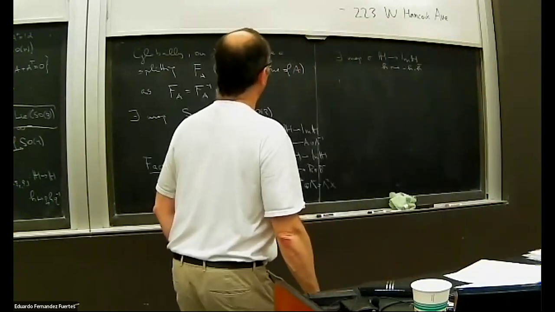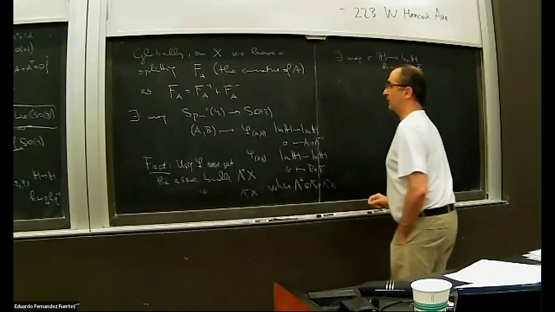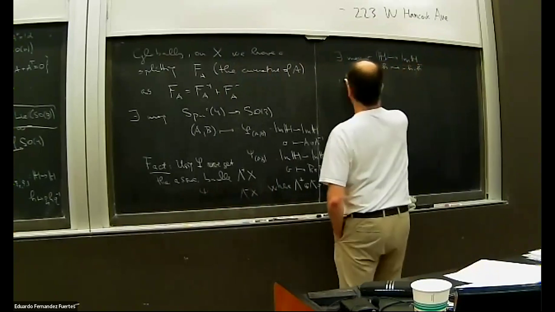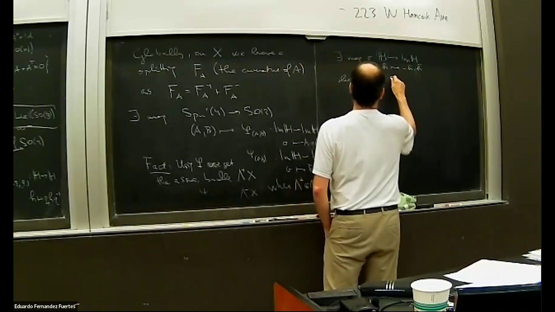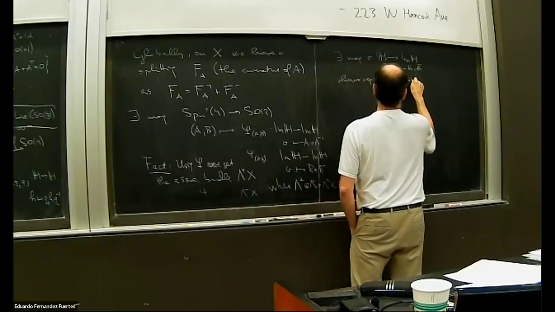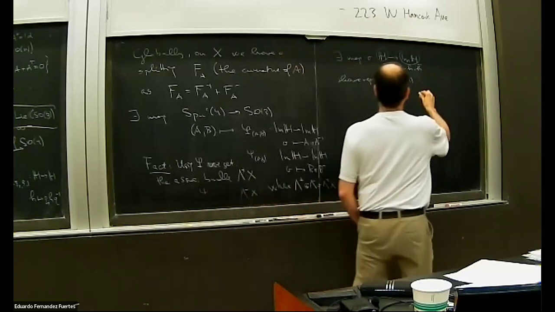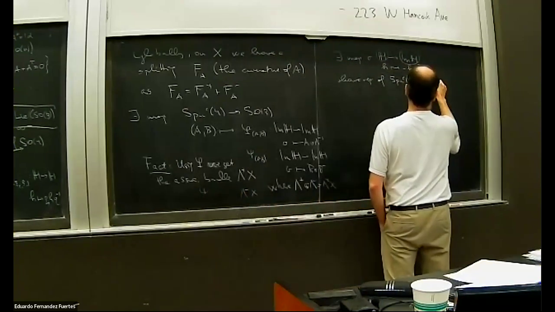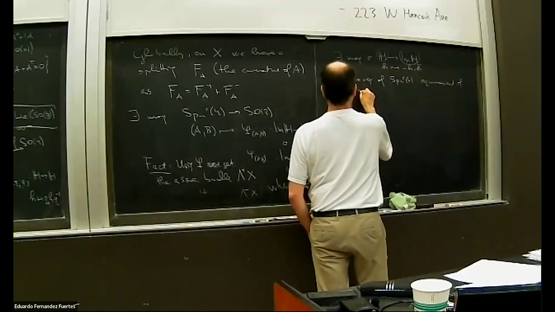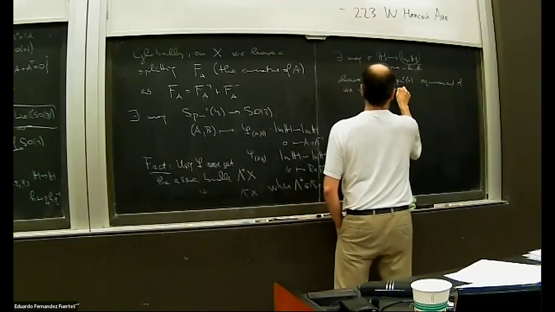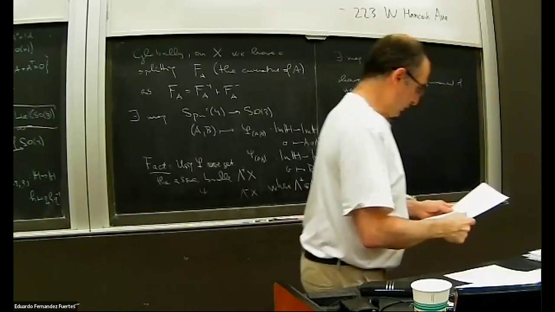Okay, so on H, on the quaternions, we have representations of spin C4 on both of these, and the claim is that this is equivariant if we use the representations, and now I have to check which one.